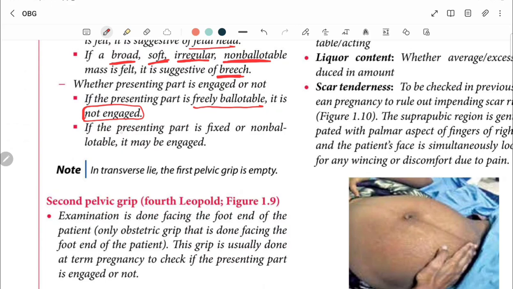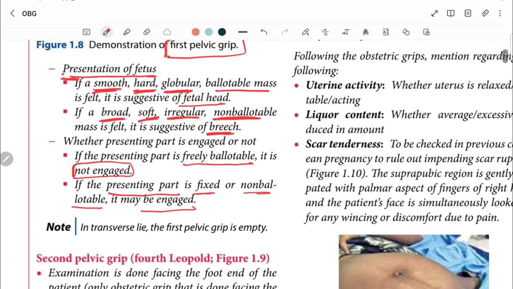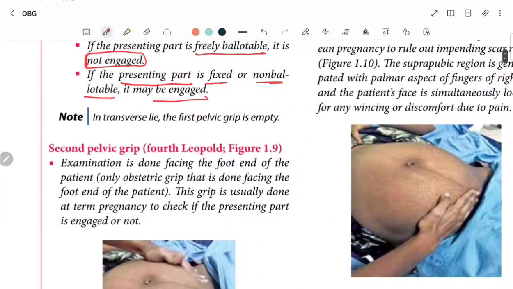If the presenting part is fixed or non-ballotable, then it may be engaged. So this is how you will differentiate whether it is engaged or not engaged. In a transverse lie, the first pelvic grip is always going to be empty. Remember, if the lie is transverse, then the first pelvic grip is going to be empty.